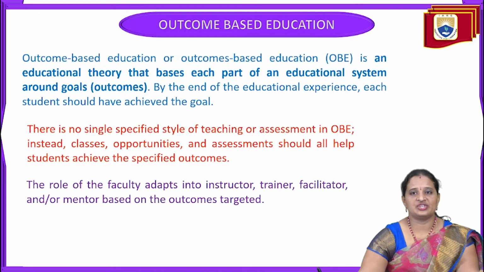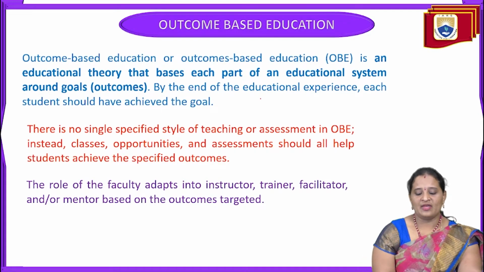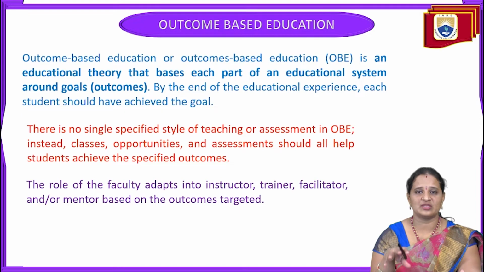Outcome-based education, or OBE, is an educational theory that bases each part of an educational system around goals. By that, outcome-based education is goal-based. That means it will be concentrating more on outcomes.